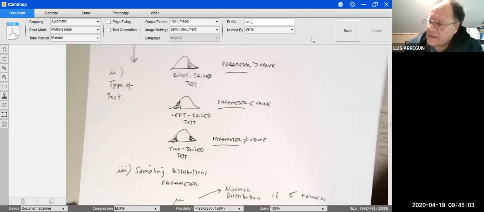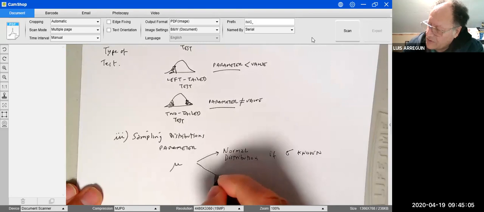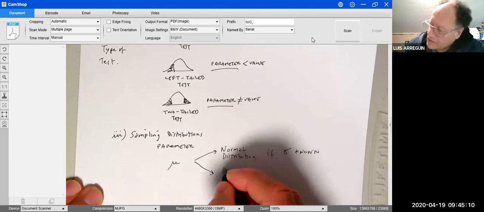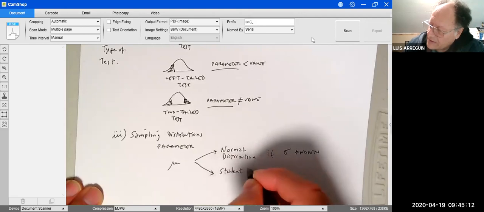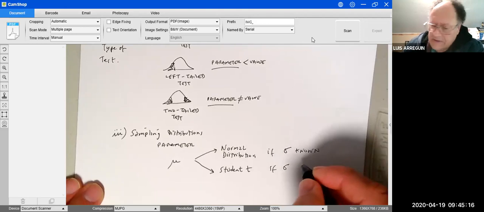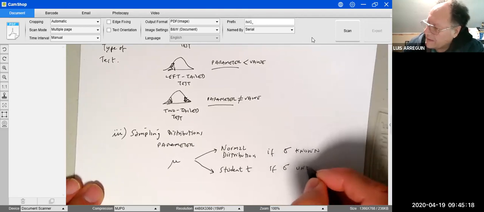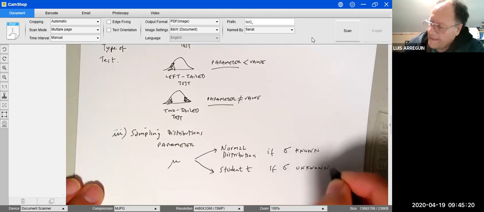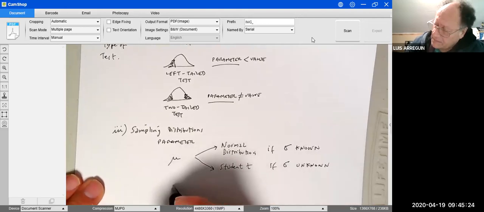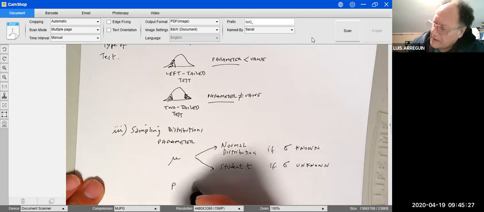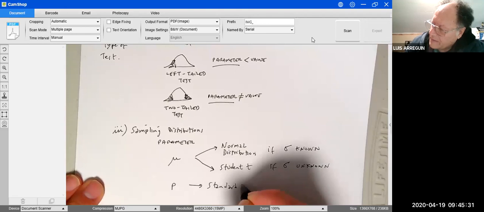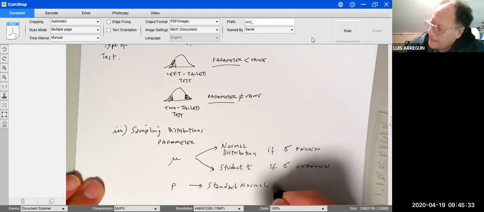If you don't know the standard deviation of the population, which is the most common scenario, then you're going to use the student t distribution. So you're going to use this one when the standard deviation is unknown. If the parameter of interest is the proportion, then we're going to use the standard normal distribution.